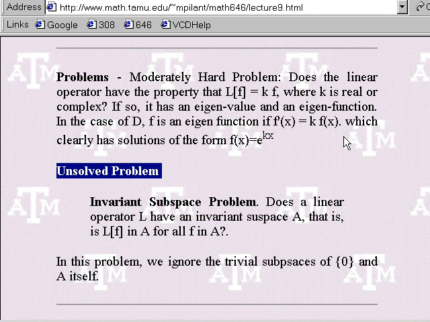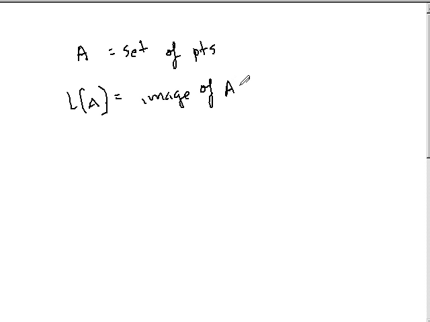functions, and it's sort of a generalization of the eigenvalue problem. If you look at a set A, this is a set of x points, and L of A is just the image of A. What does that mean?